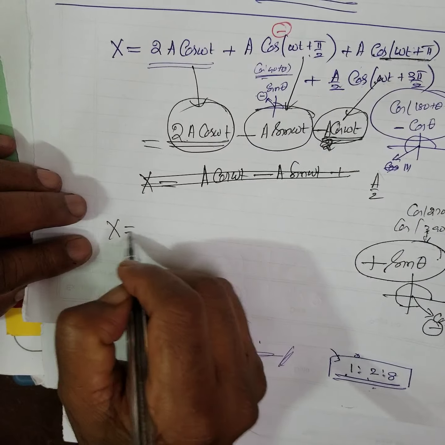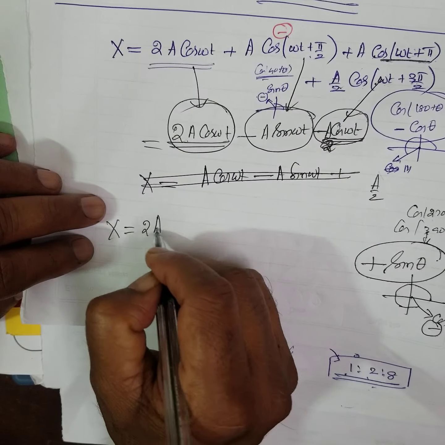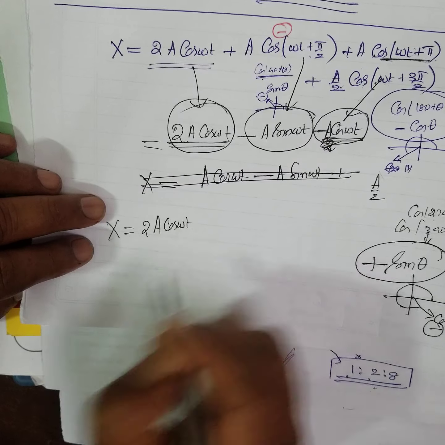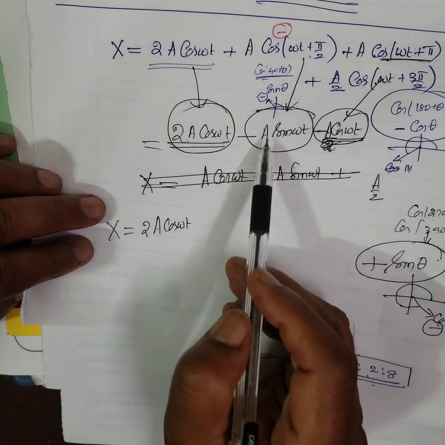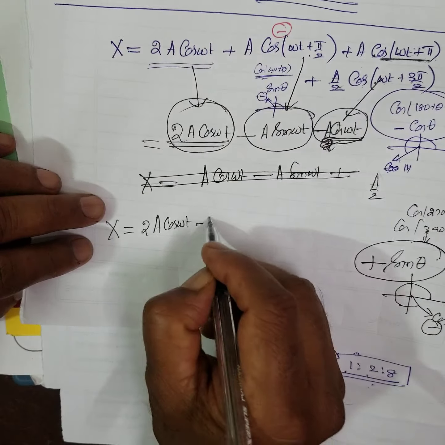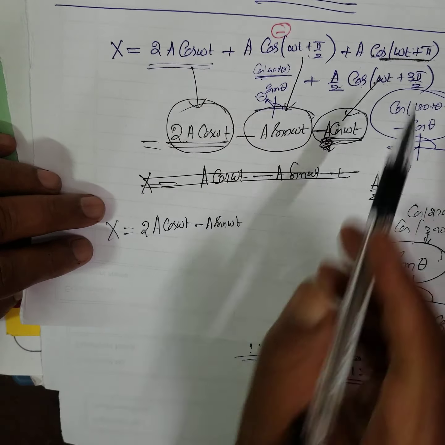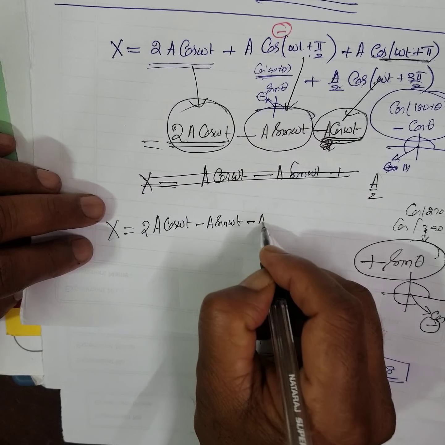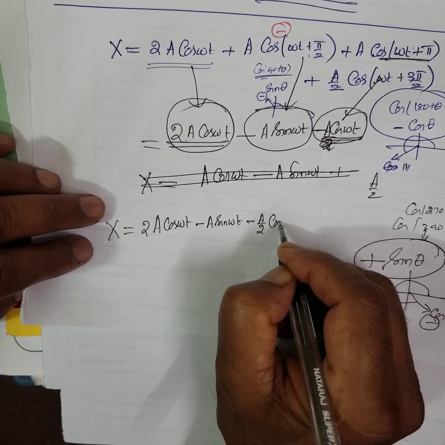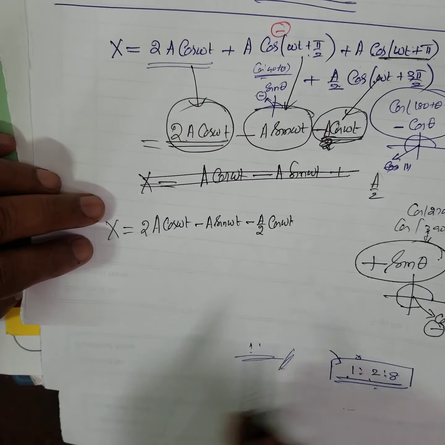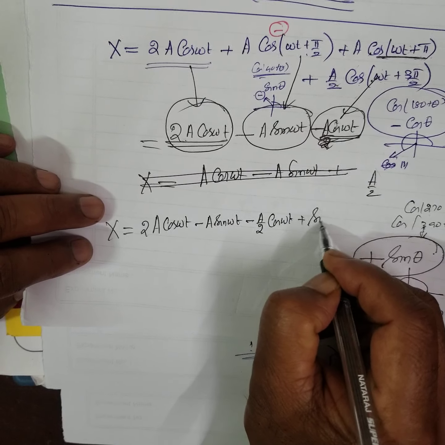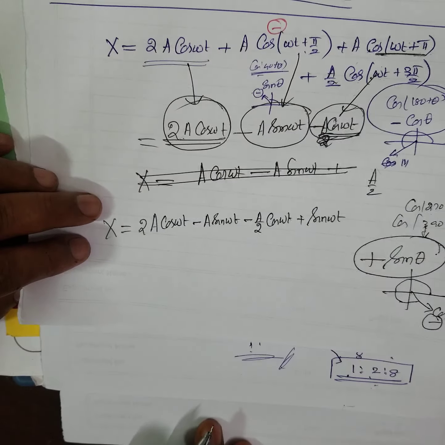See, therefore, x is equal to 2a cos omega t, minus a sin omega t. Then again, minus a by 2 (cos omega t plus sin omega t). So done.